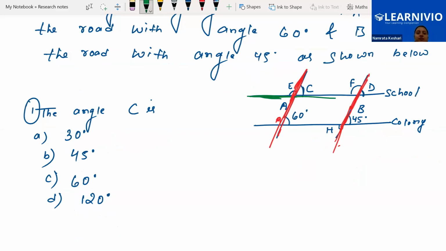Angle C we have to find, no? So these two red lines are parallel lines. If we focus on the transversal, we have these two as parallel lines.